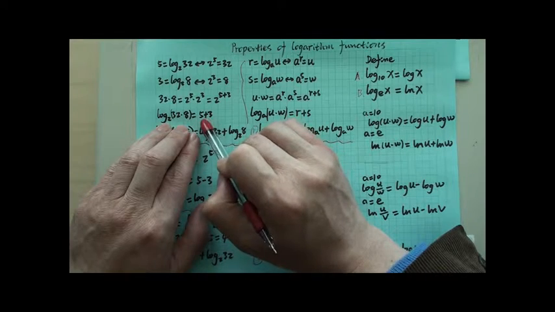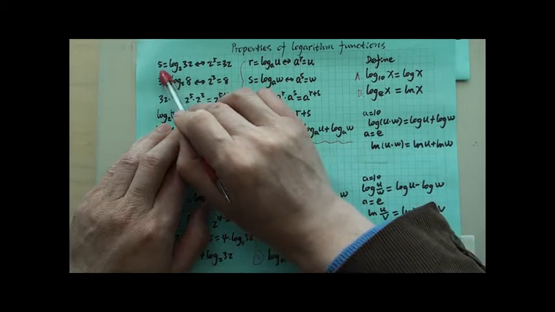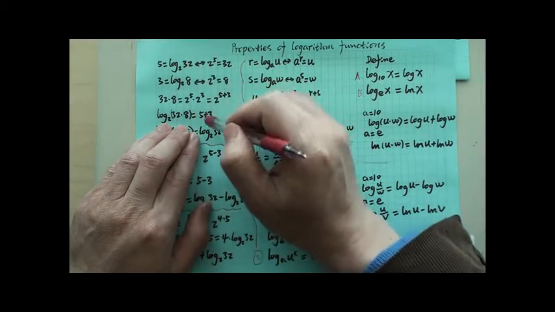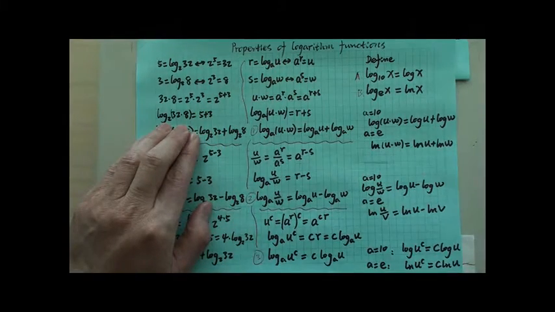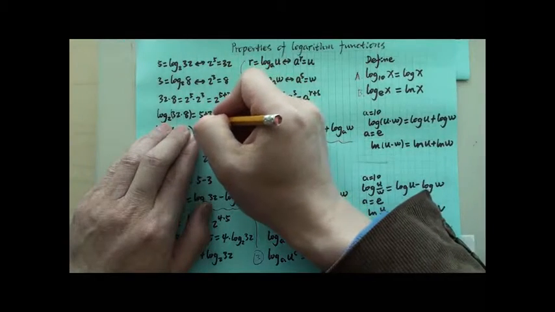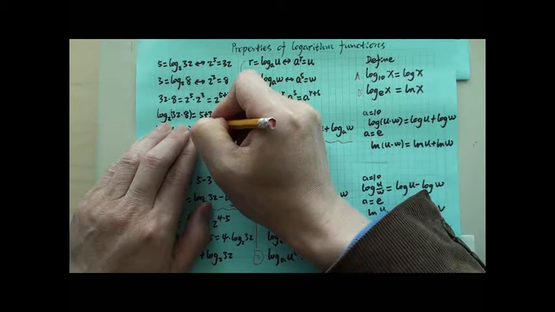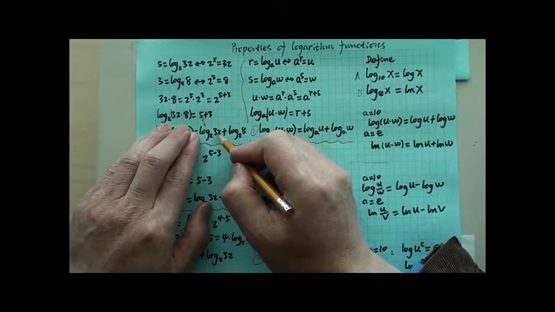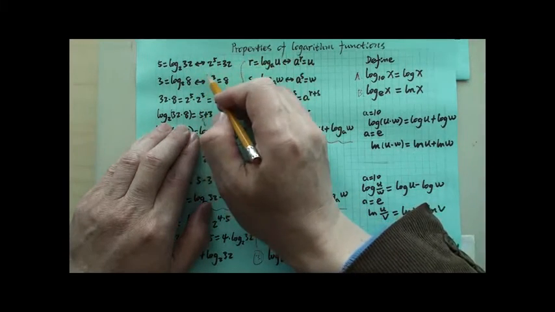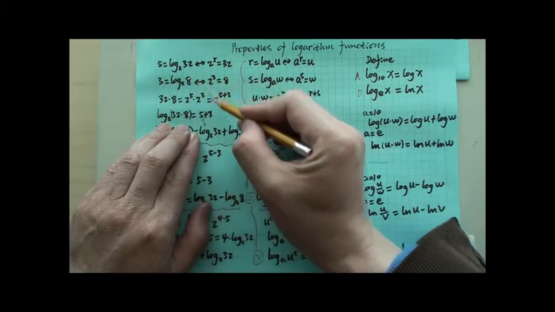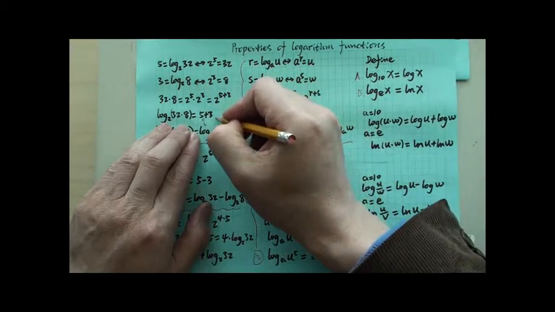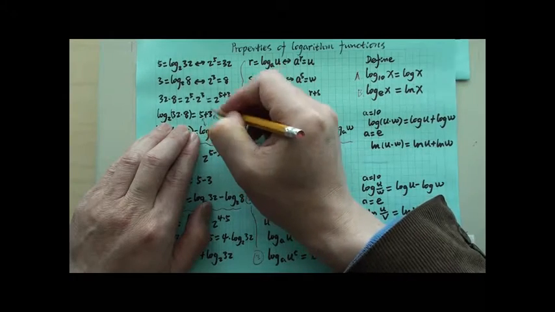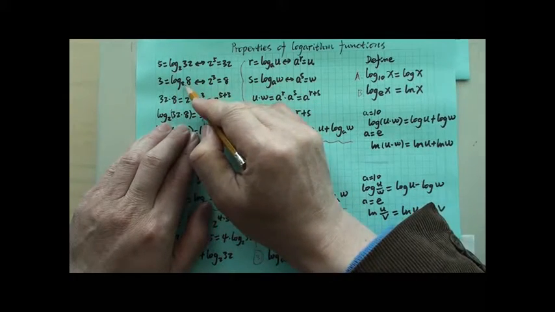Okay, look. 5 is log base 2 to the 32. So we replace this 5 by log base 2 to the 32, because that's 5. Right here, 3, we do the same thing. Replace 3 by log base 2 to the 8.